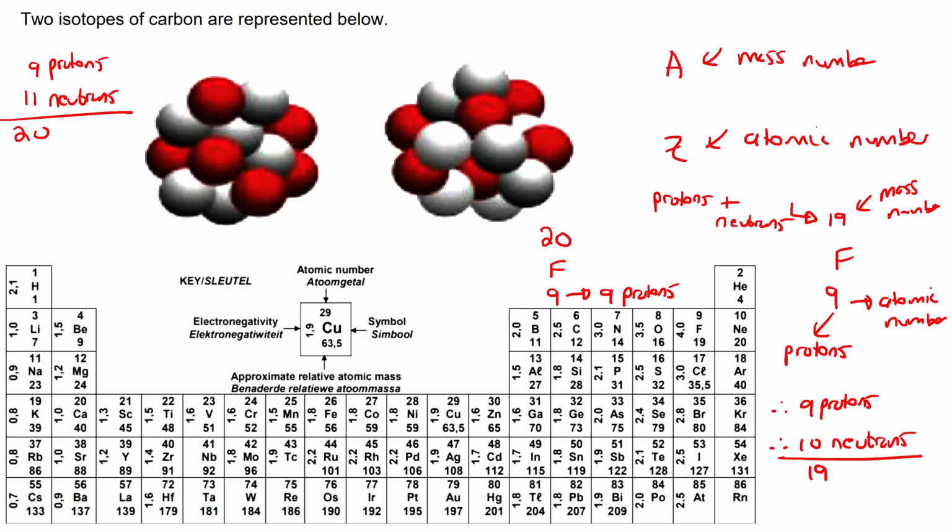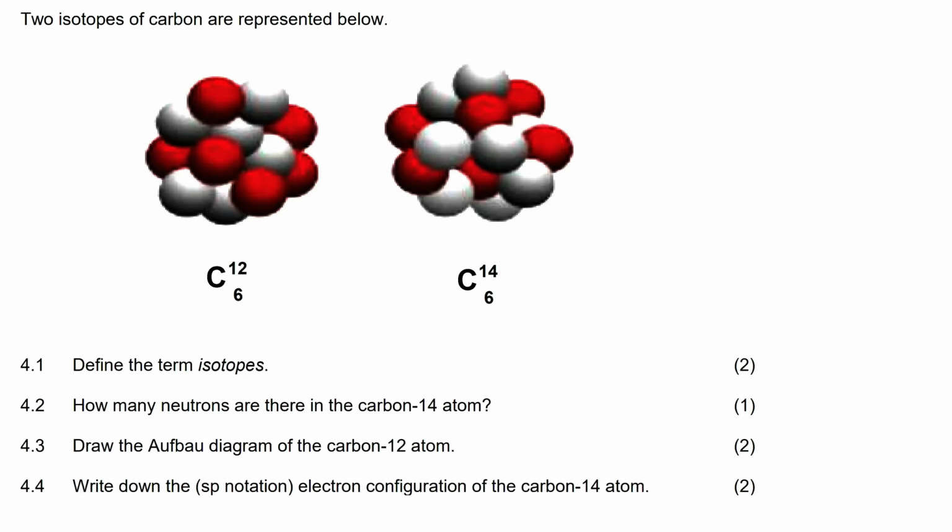Isotopes are the same element, so it's fluorine and fluorine, same proton number. We never ever change the proton number. Please listen to me. We never change the proton number, but we can change the neutron number, and when we do that, these things are called isotopes. So isotopes are the same element, but with a different amount of neutrons.